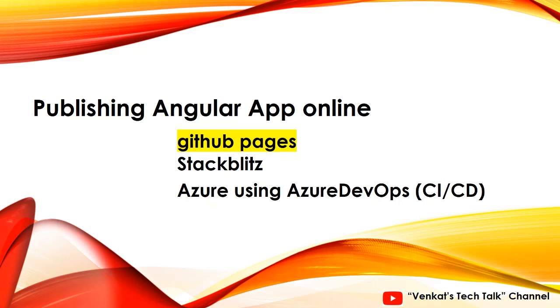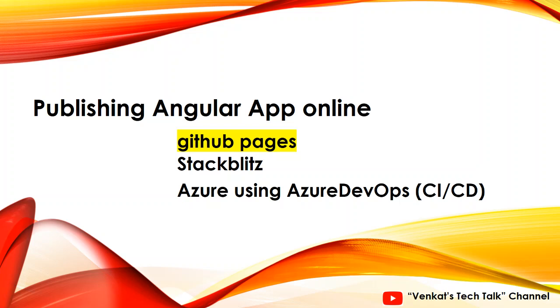And apart from these classic things, there is a way in Azure, using Azure DevOps and the git repo within Azure DevOps, where we can publish into Azure using CI/CD.